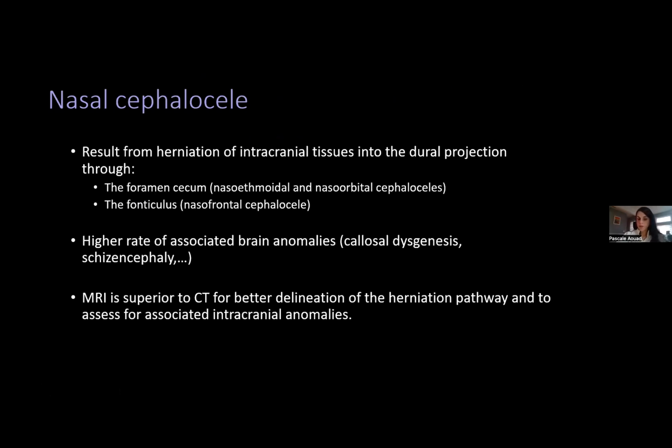So there are two different locations for a potential nasal cephalocele in this region. These patients have a higher rate of associated brain anomalies, including callosal dysgenesis and schizencephaly. And MRI is usually superior to CT for better delineation of the herniation pathway and to assess for associated intracranial anomalies.